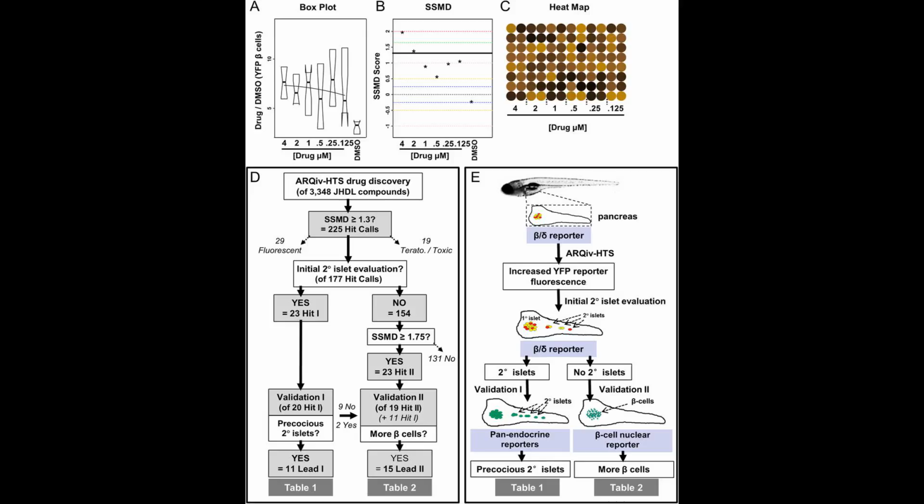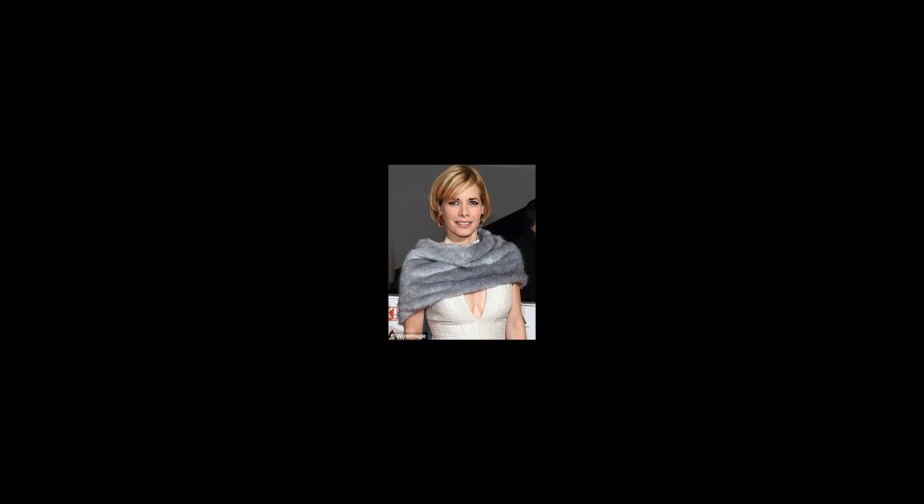The estimate of SSMD is then beta-hat equals (x-bar_1 minus x-bar_2) divided by the square root of (S_1^2 plus S_2^2).